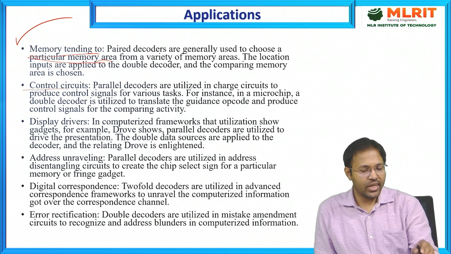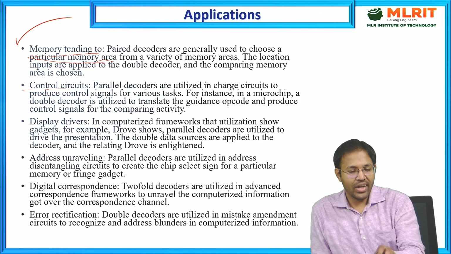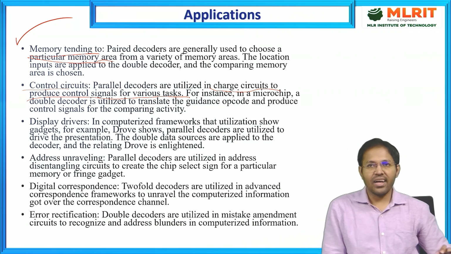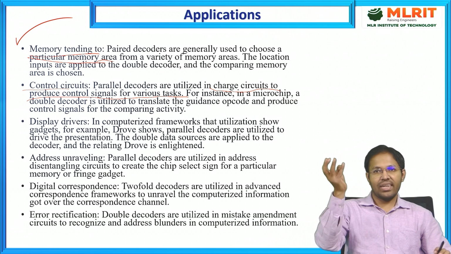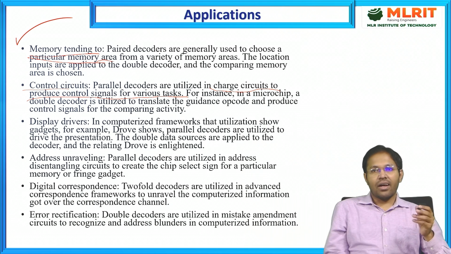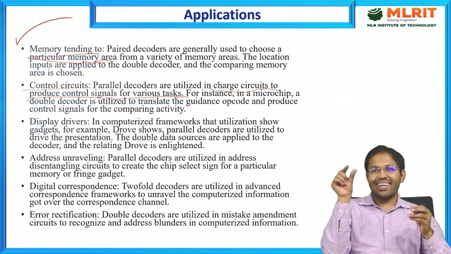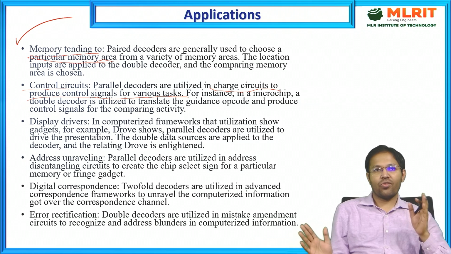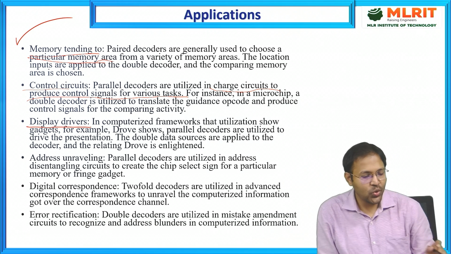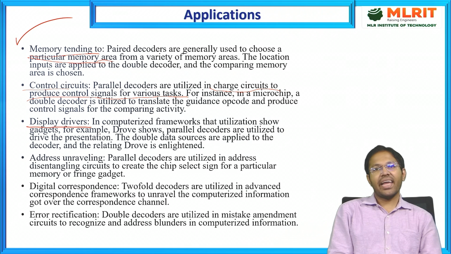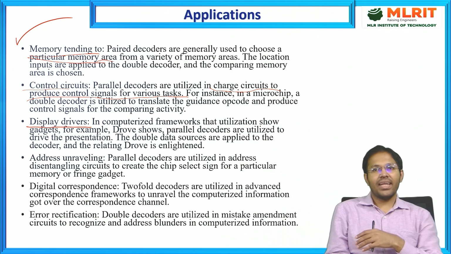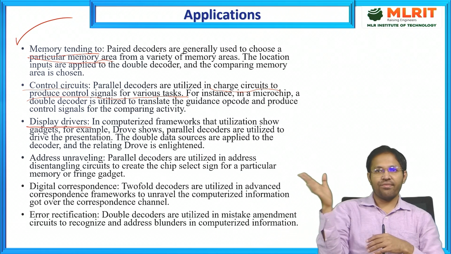Then control circuits. Decoders are utilized in control circuits to produce control signals for various tasks. I have given you the example of controlling a TV or fan. Logically, maybe you are controlling an electromagnetic relay to switch on a fan. For those applications, again, decoders are useful. Also, they are useful to drive displays, a similar case where a fewer number of inputs control many individual components of your display.